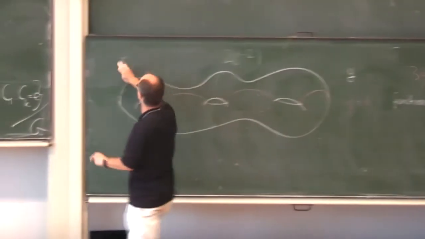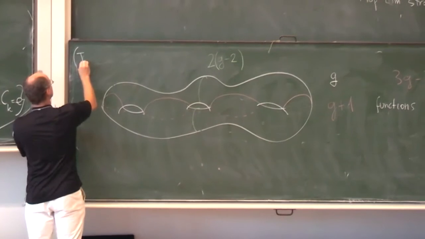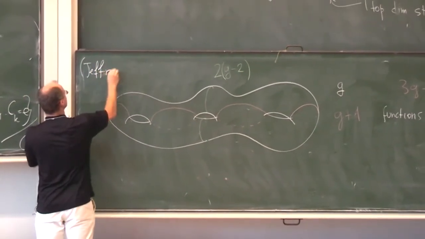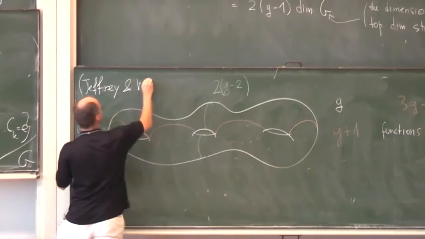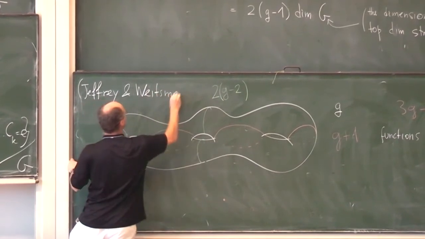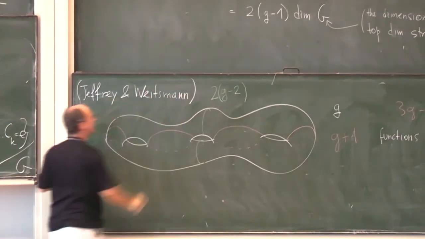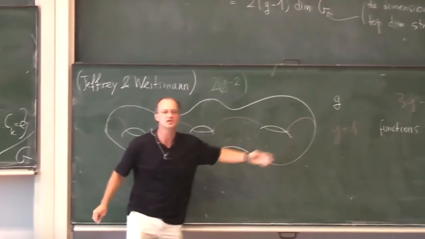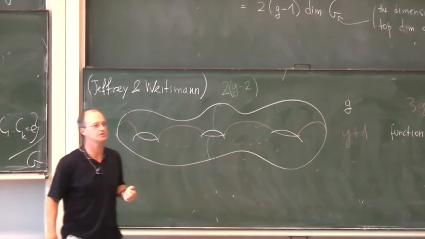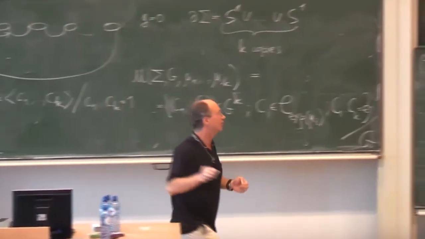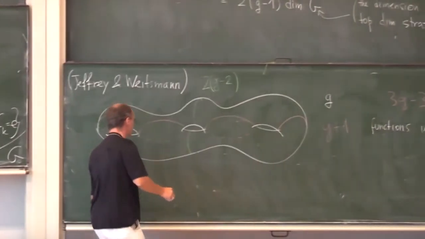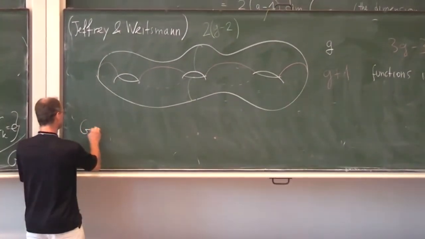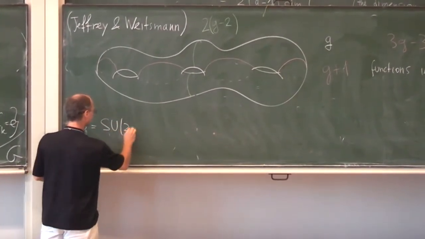And in fact, there is a paper of Jeffrey and Weitsman who found those curves and who proved that this indeed gives rise to a completely integrable system on the moduli of flat connections for the case of G equal to SU2.